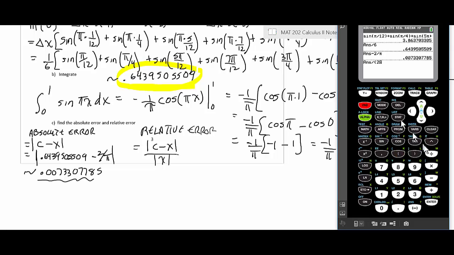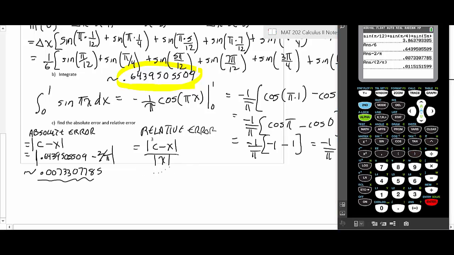So you need to be sure you have that in parentheses when you do that. Whoops, I keep doing the wrong thing. So I'm going to divide by 2 over pi like that. There we go, finally. Okay, so if I do that, all you're doing is comparing the difference in those values to the exact value, okay?